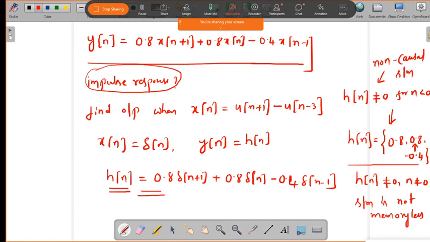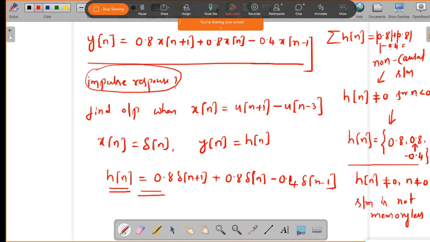Now, find out the summation. You just add all the impulse values, you will get the summation of h of n. So, you will get 0.8 plus 0.8 minus 0.4. You have to take the magnitudes of these. Okay.